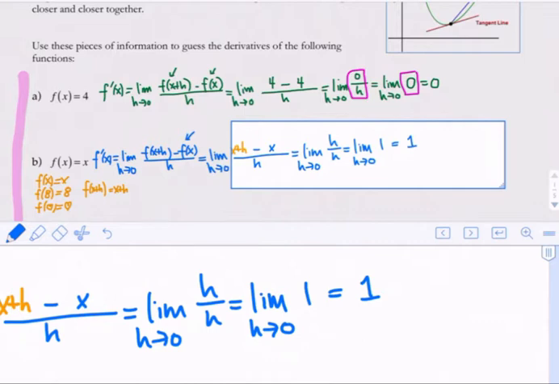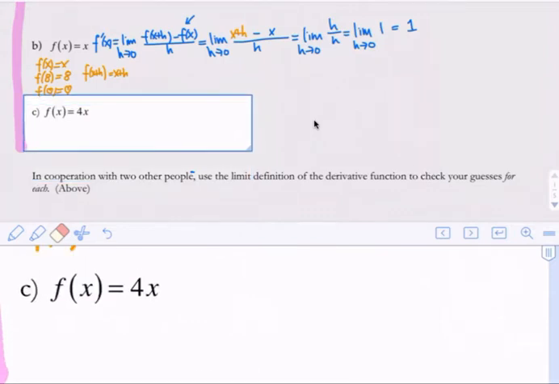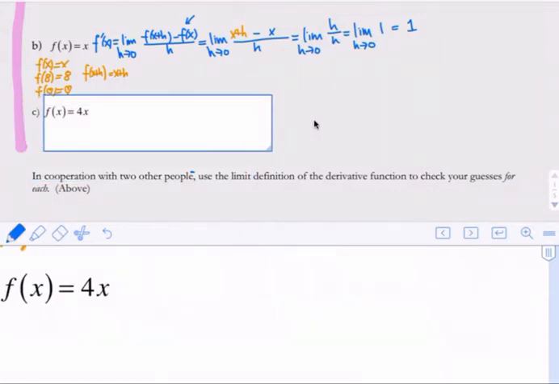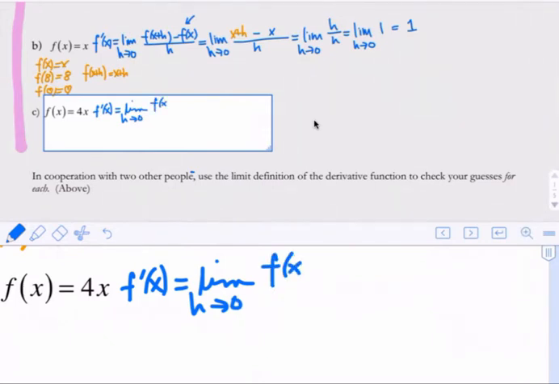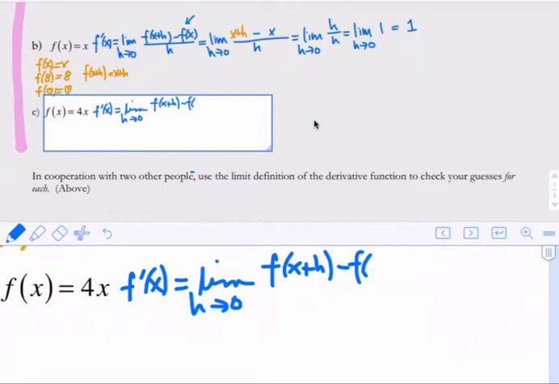Let's do the third one. Let's do the derivative for this third example. Again, we'll start out with f prime of x equals the limit as h approaches 0 of f of x plus h minus f of x over h. Sometimes people spend a little time ahead trying to figure out what f of x plus h is, so let's do that on the side again.